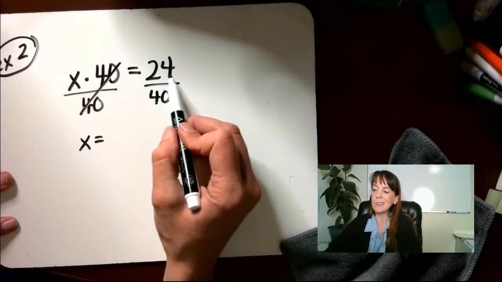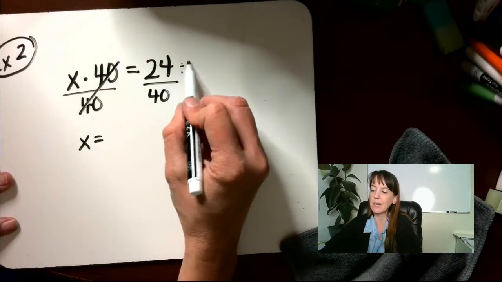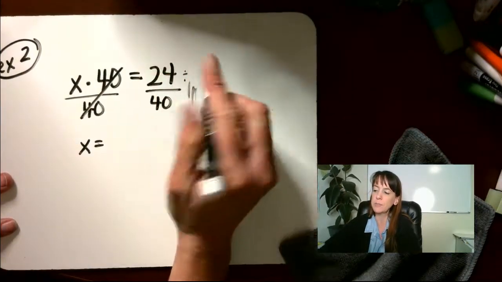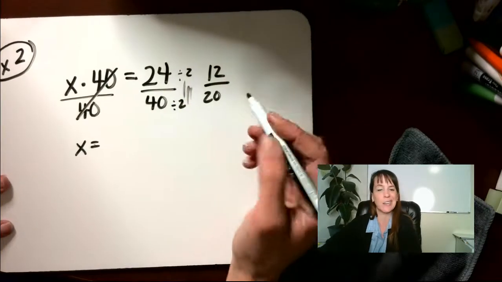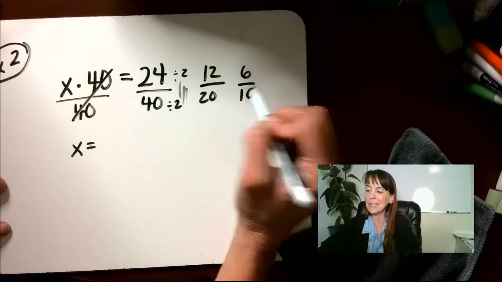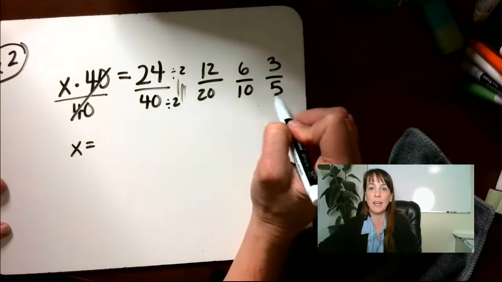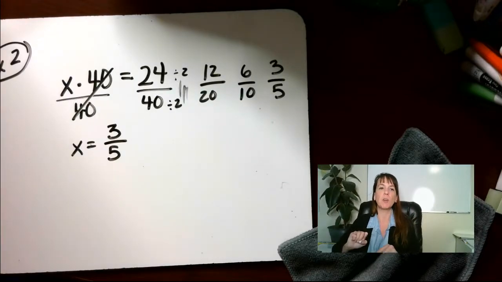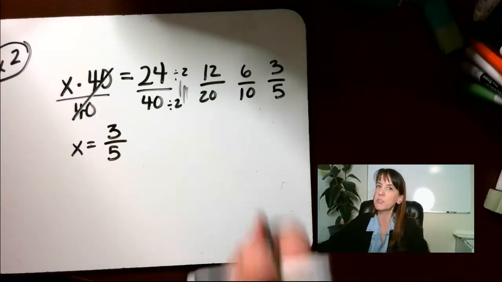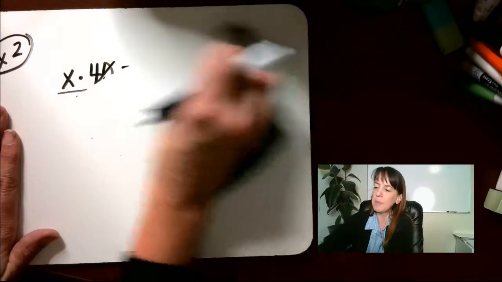X equals, now these guys, we can cut them in half, or divide by 2. I get 12/20. I can cut those in half again. I get 6/10. Cut that in half again. I get 3/5. So X equals 3/5. And remember, it asks what fraction, so it should stay in fraction form. It only goes into decimal when we start with decimals.